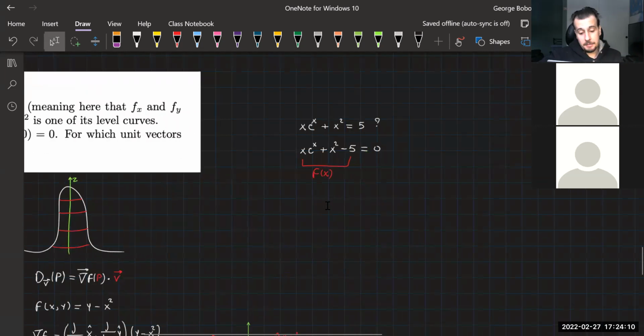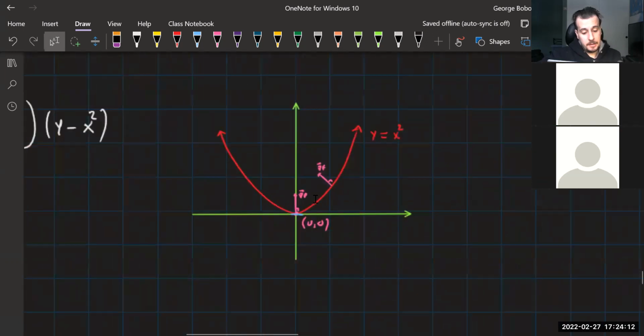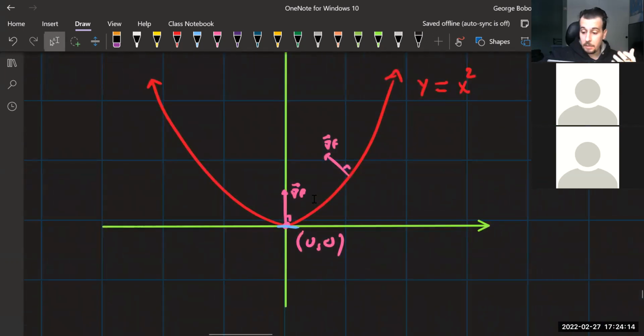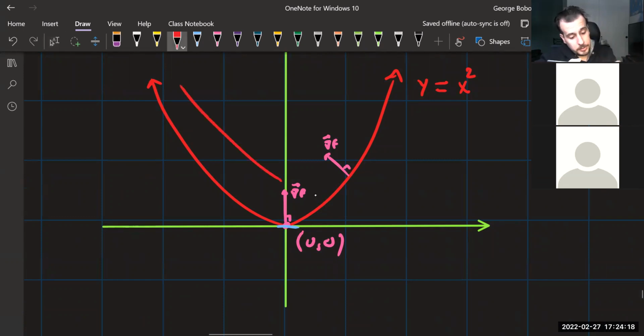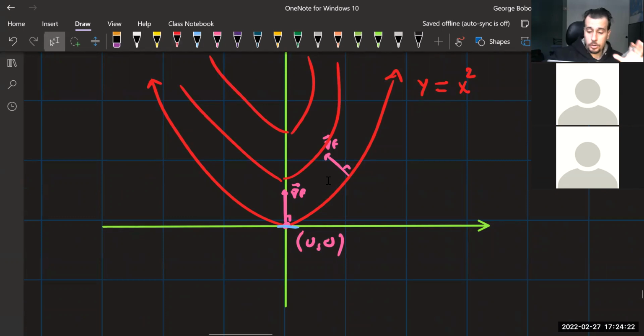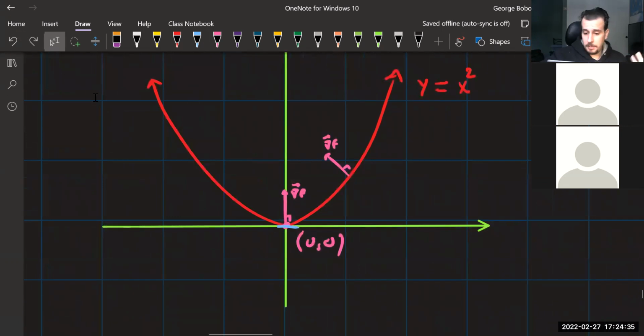If you want to maximize how fast you change values here, the level curves are parabolas, so you need to go along the direction of the gradient. We know that. They're just testing if you remember that.